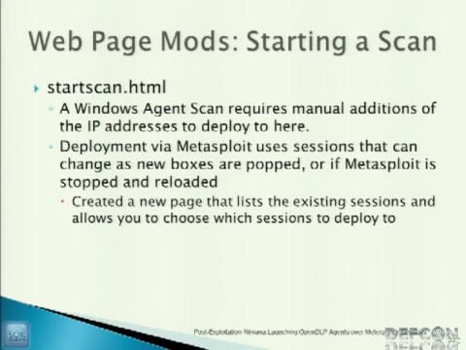I also made changes to the start scan page because the way Gavin's stuff works, you have a profile and then you have to put in the IP addresses manually, which is, if you only have system credentials, you have to put in a new IP address for every profile, and you have to remember that too. Domain works a little better, but you still need to know those IP addresses beforehand. Well, deployment with Metasploit uses sessions.